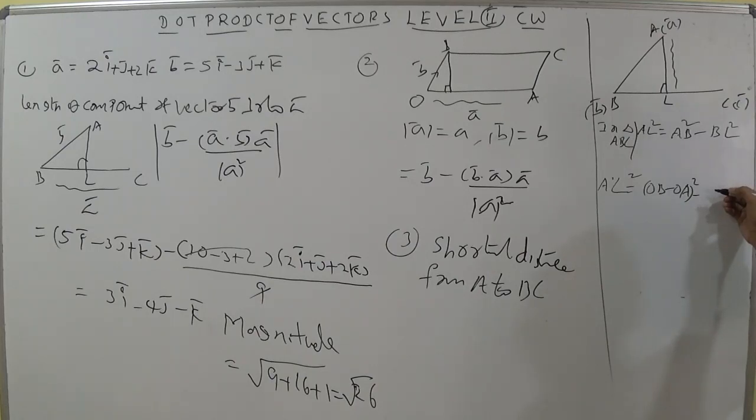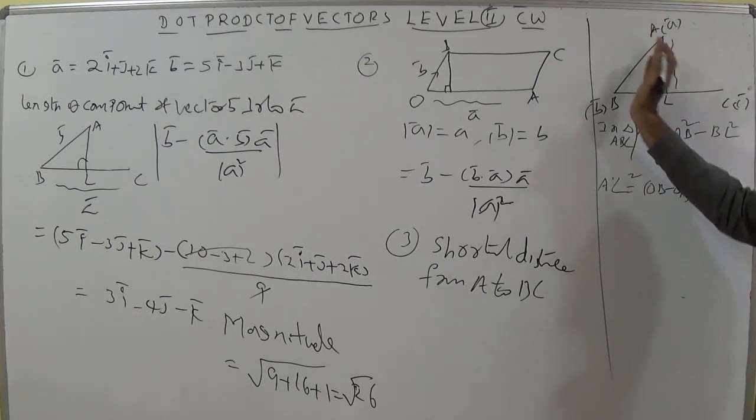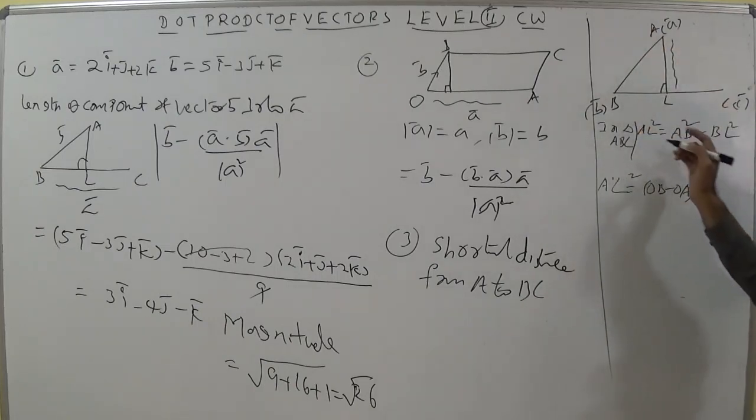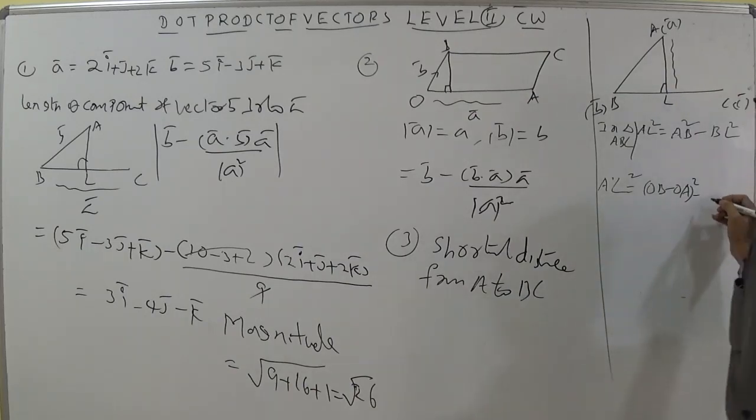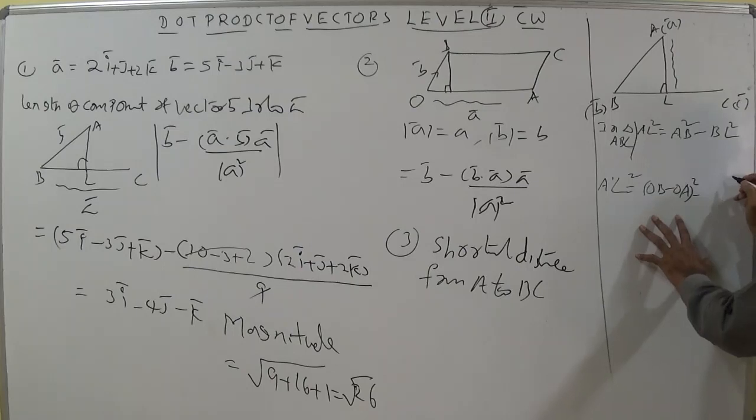What is BL? BL is the projection of AB on BC. The formula for projection is A bar dot B bar into B bar by mod B bar square. Then you can write OB minus OA whole square here, okay.